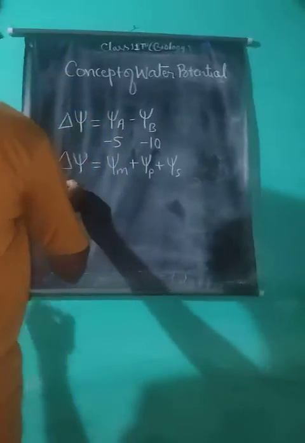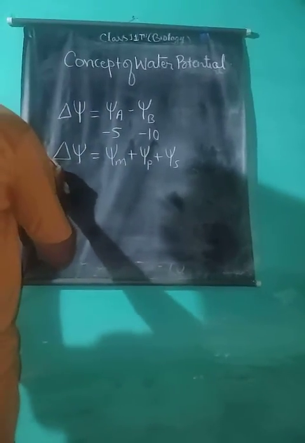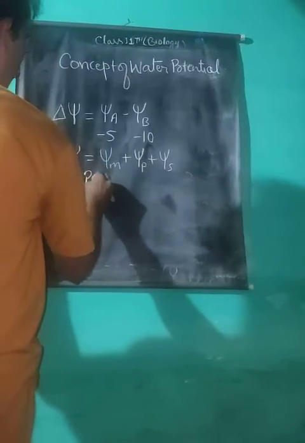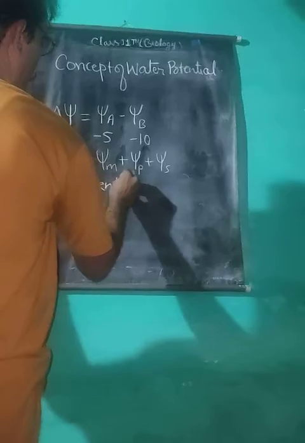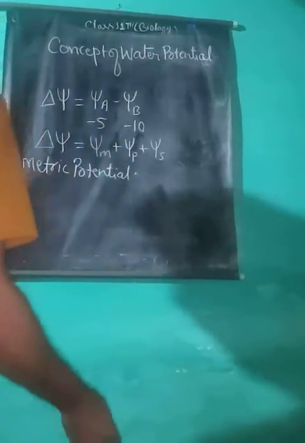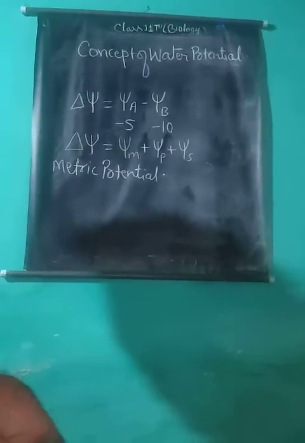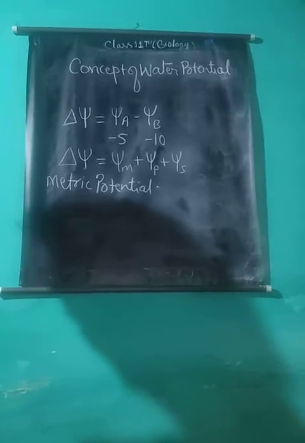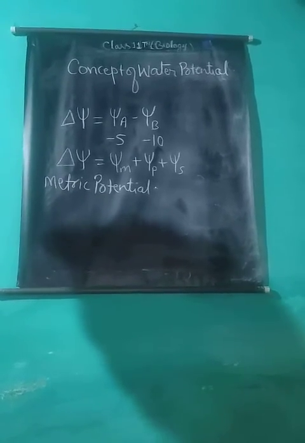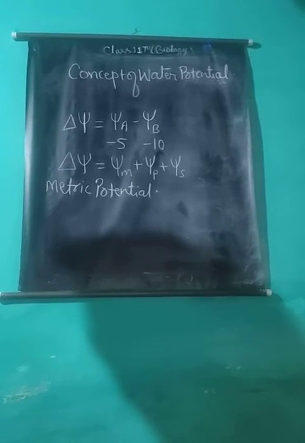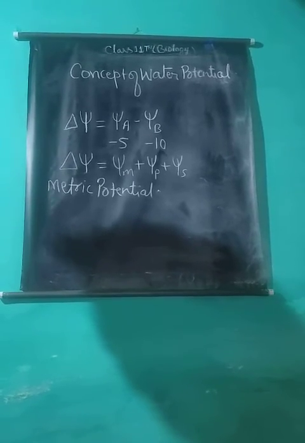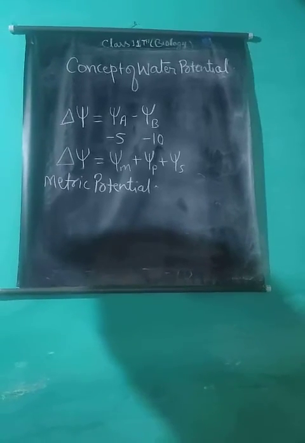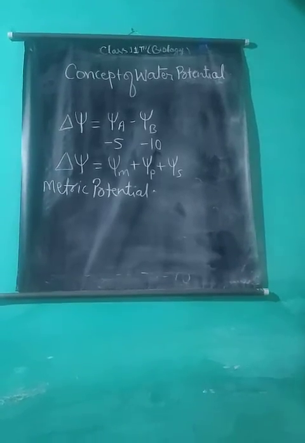Matric potential: the term matric is used for such surfaces which can absorb water molecules, for example cell wall, protoplasm and soil particles. Matric potential is the component of water potential influenced by the presence of a matrix and possesses a negative value.